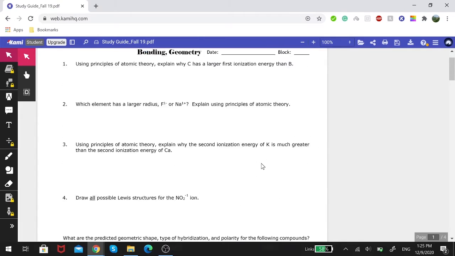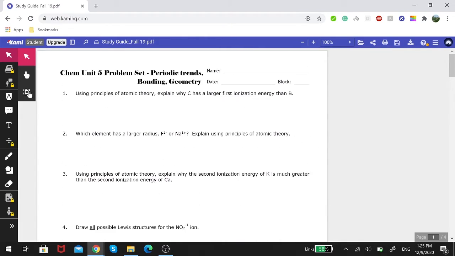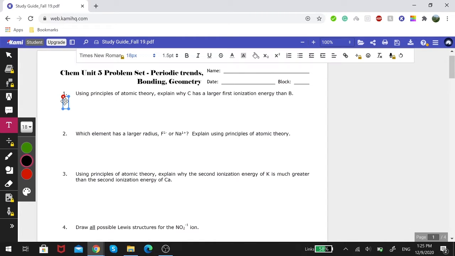Okay, let's get started. Number 1. Using principles of atomic theory, explain why C has a larger first ionization energy than B. C is carbon and B is boron. Let's see, where is boron? Okay, so here's how we start.